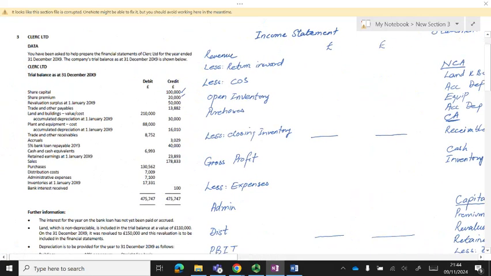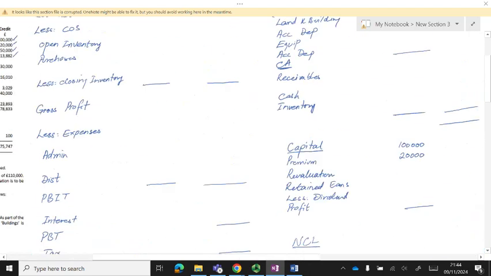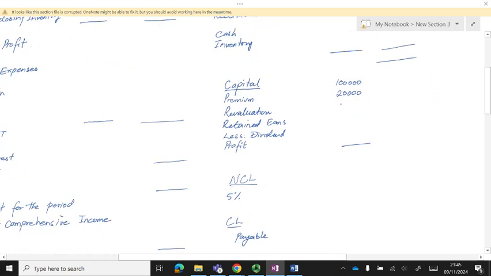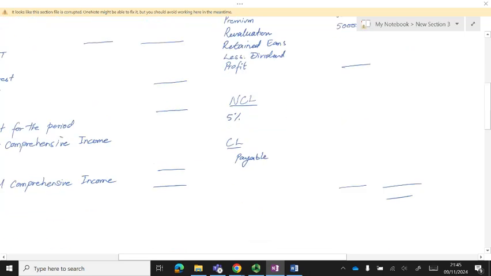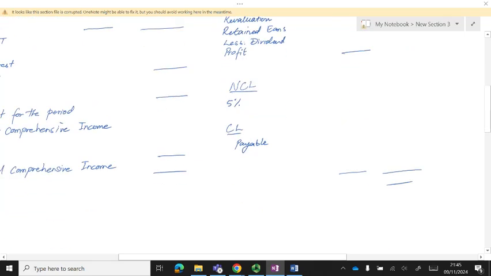Next is revaluation, 50,000. Payables are 13,882. Revaluation will be recorded in the capital area, and the payables is 13,882.